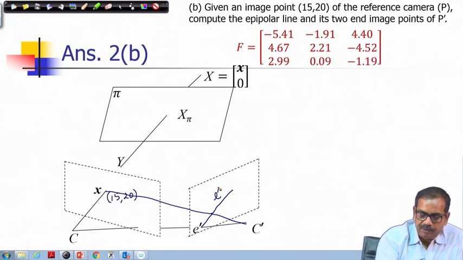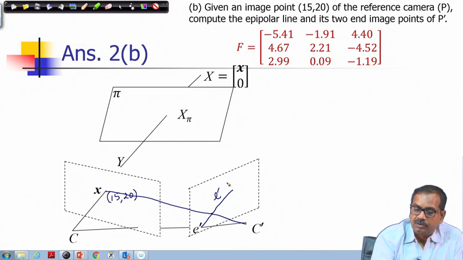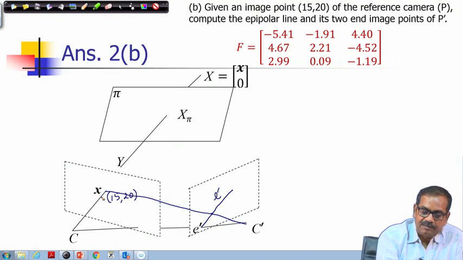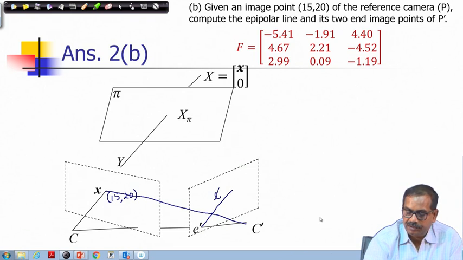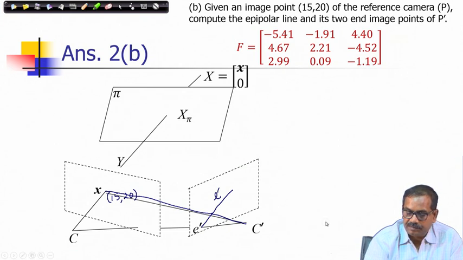What I will do is multiply this point with F, then I will get this epipolar line. That is how the fundamental matrix is related to an image point and its epipolar line.